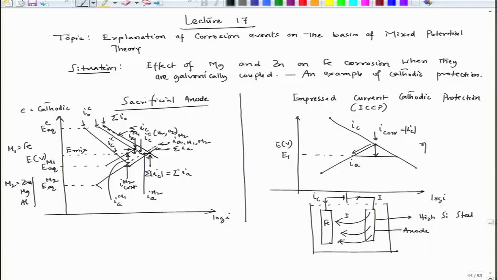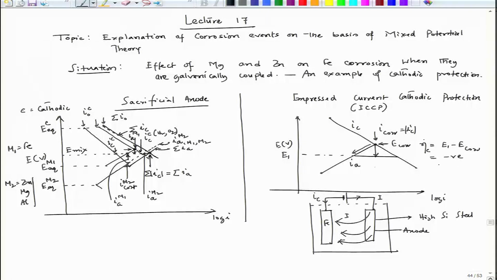So, my polarization is nothing but E1 minus E corr, which is negative. I can term it as eta C, the cathodic overvoltage.